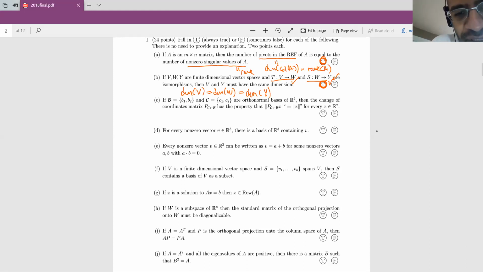What's the important information here? These are orthonormal bases, right? That's given. And now you're wondering whether the change of coordinates matrix preserves the norm. So do you know any type of matrix that does preserve the norm?